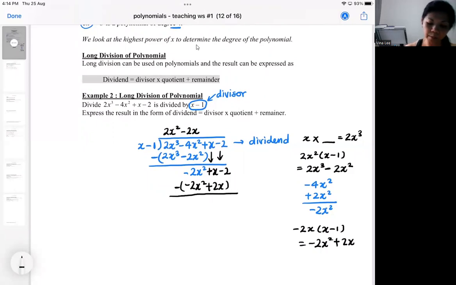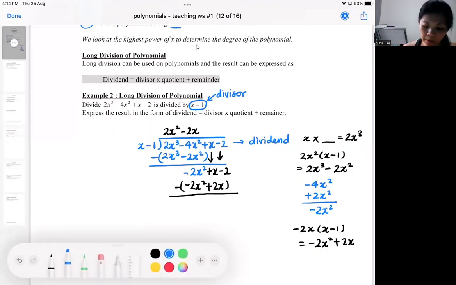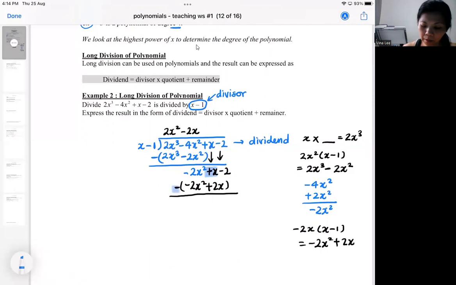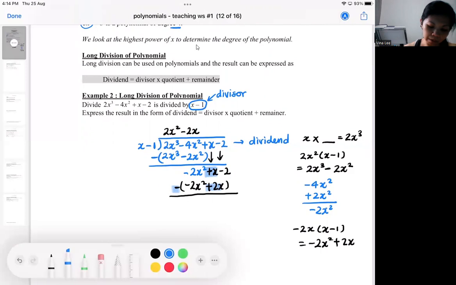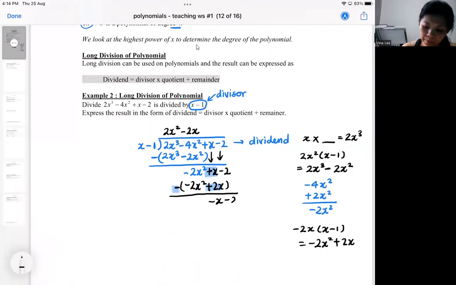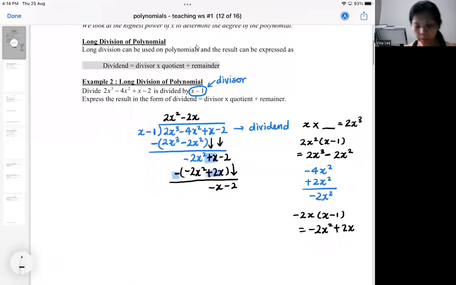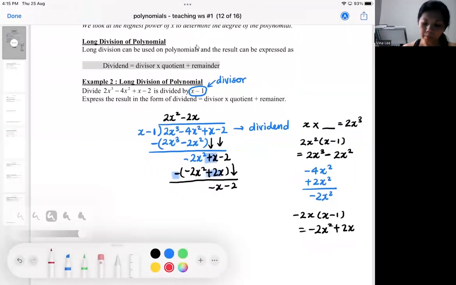Again, be careful of the subtraction, particularly in the second term. So be careful of the one that says x minus 2x. So x minus 2x will be a minus x. Then you bring down whatever you have not used, and we repeat one more time. We repeat until we can't go on anymore.